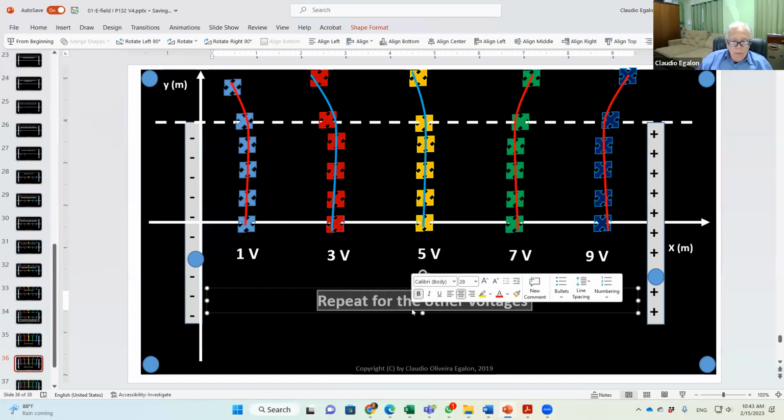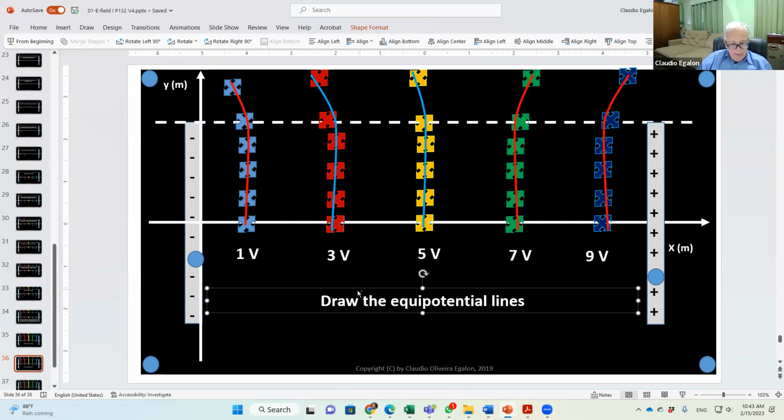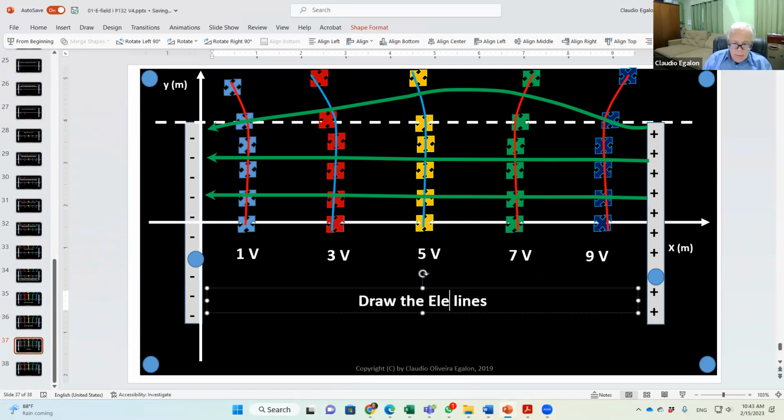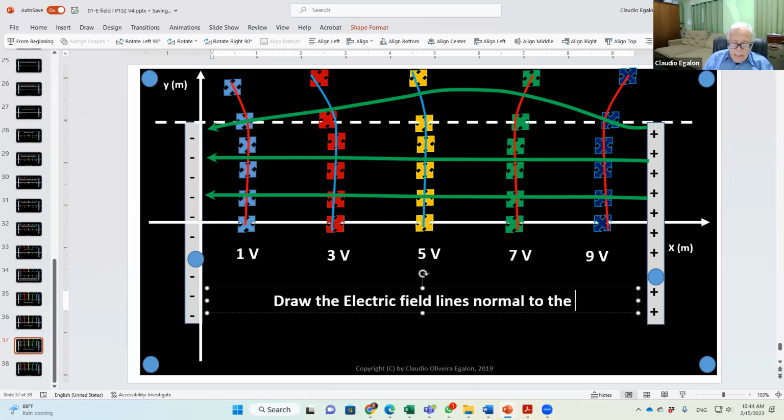Okay, so what we want here is to draw the equipotential lines. After drawing the equipotential lines, draw the electric field lines, normal to the equipotential surface.